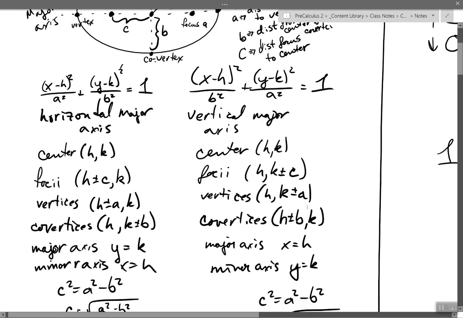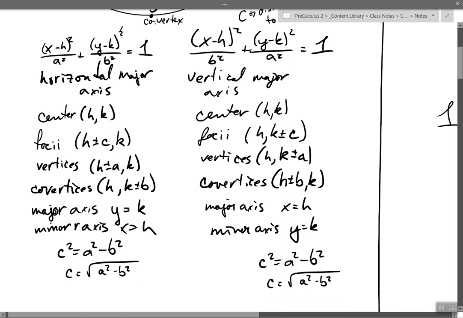The major axis is just whatever the repeated coordinate is here, so the k is the same there, so that is the major axis. Forgot to mention covertices. Covertices are the other letter, so now k plus b, or in the y version, h plus b, major and minor axes.